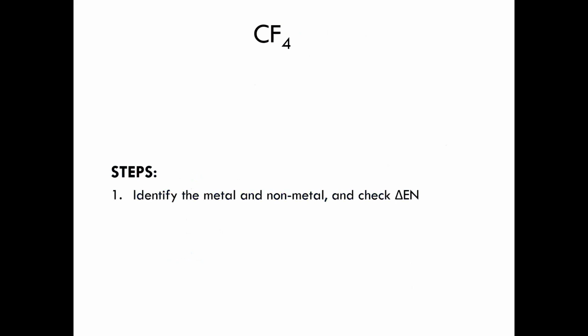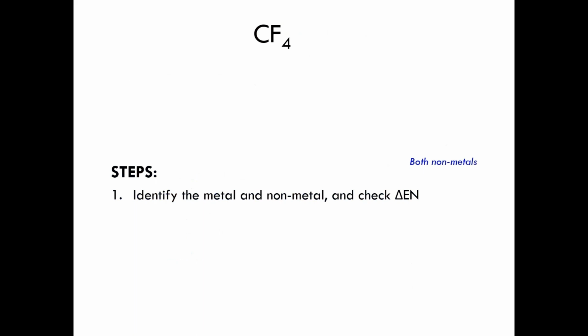For our first example, we have a compound composed of carbon and fluorine. Of course, when naming covalent compounds, there are steps. There are 4 steps. The first is to identify the metal and nonmetal in the compound, and then check the difference in electronegativity. It just so happens that both bonding elements in this compound are nonmetals.